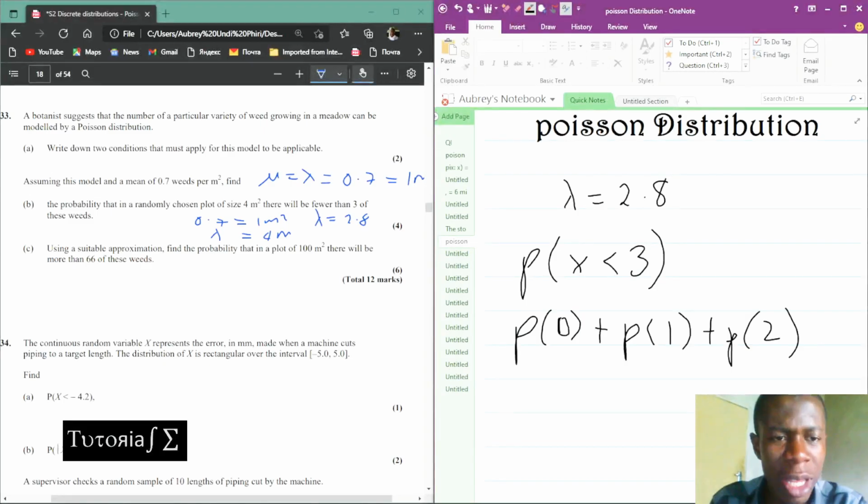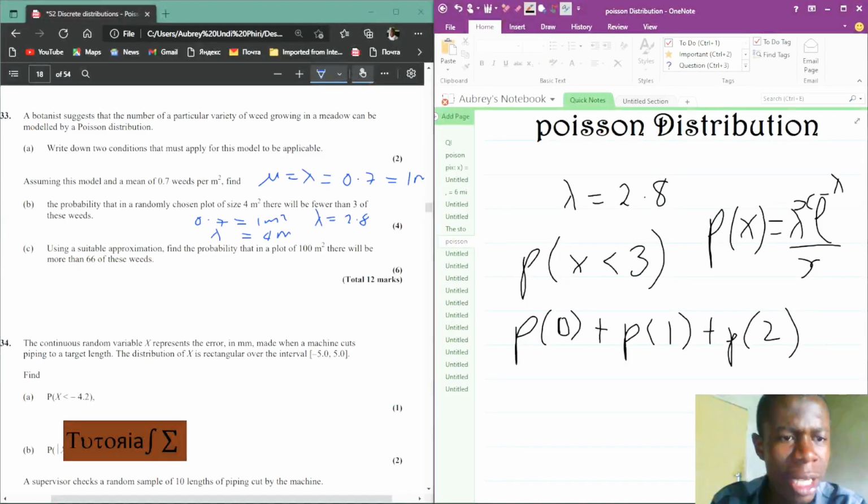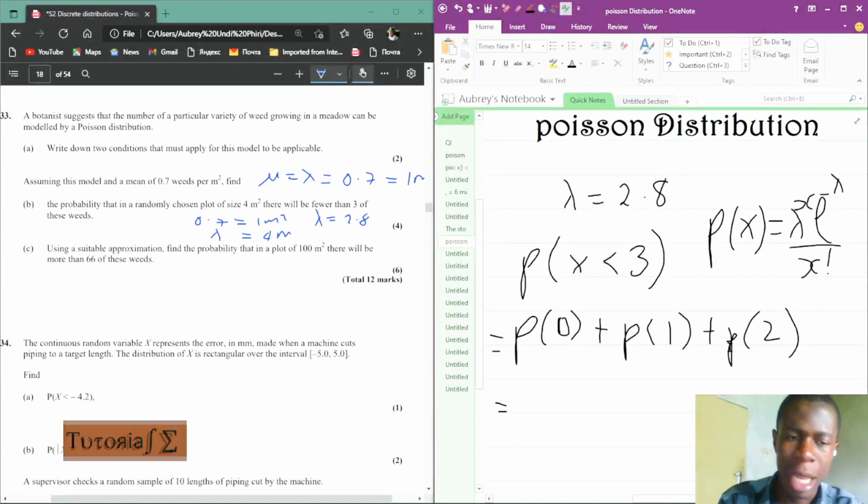We know that the probability of x is given by lambda to the x times e to the negative lambda, all over x factorial. So we just plug in there, and we always start from 0, 1, and so on.